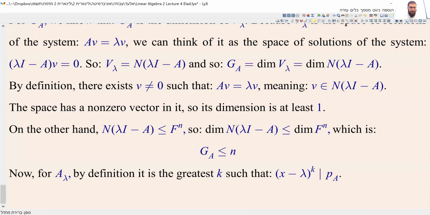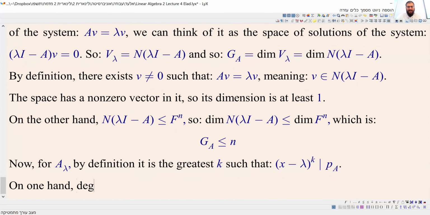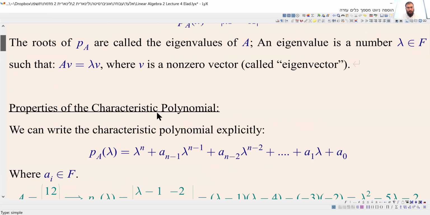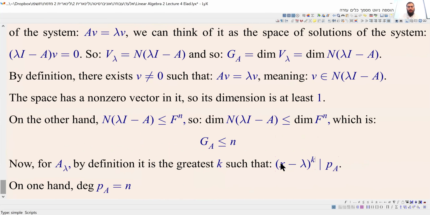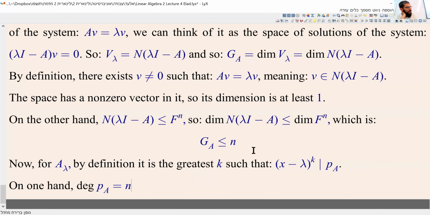On one hand, again, the degree of the characteristic polynomial itself is n, the order of the matrix, as we have mentioned when we started our lesson. So the polynomial x minus lambda to the power of k, which divides PA, has a degree of, at max, n.